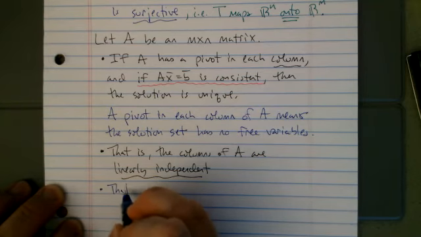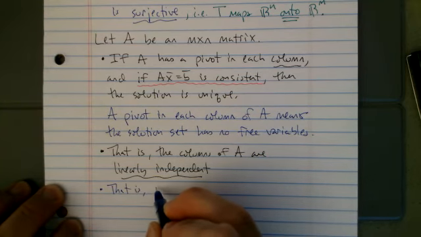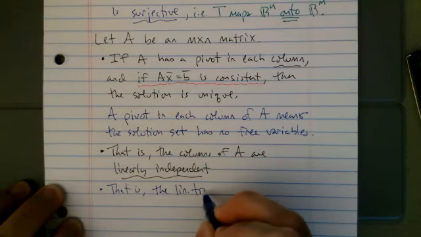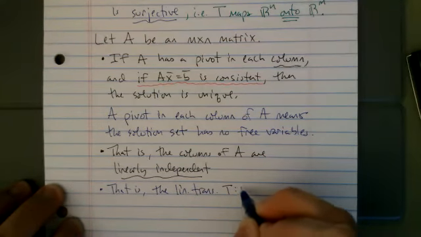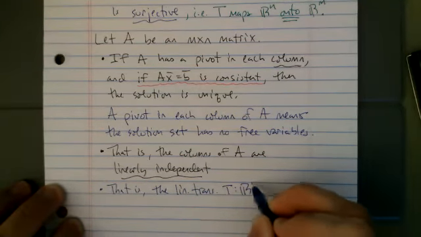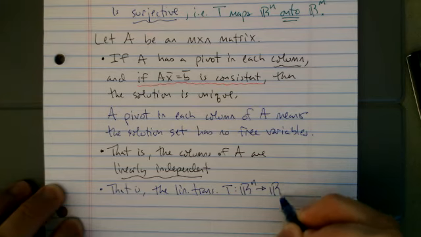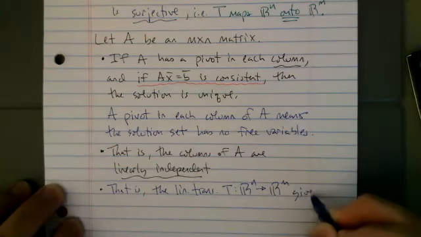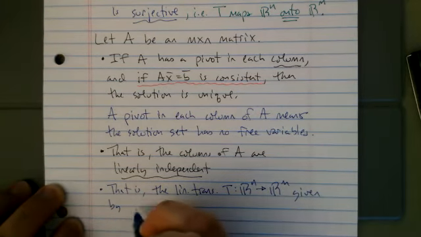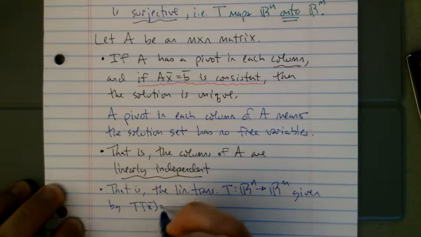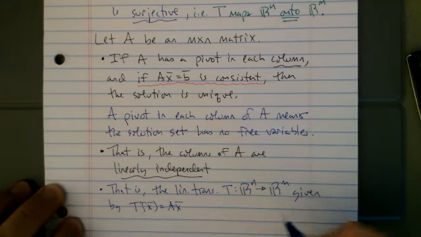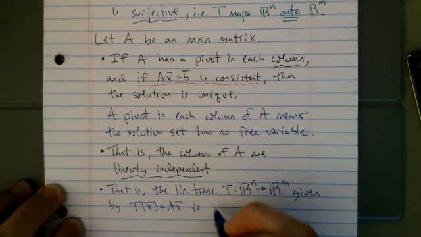That is, the linear transformation T mapping Rn to Rm given by T of x equals Ax is injective.